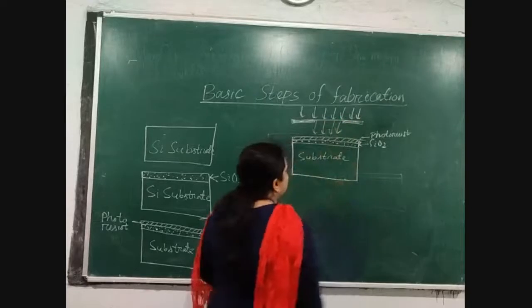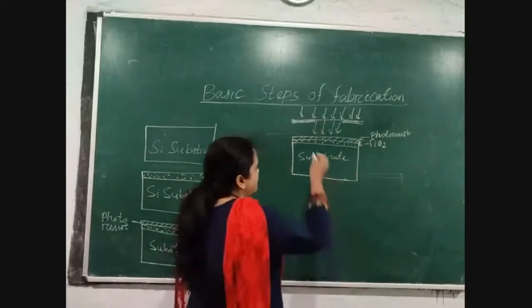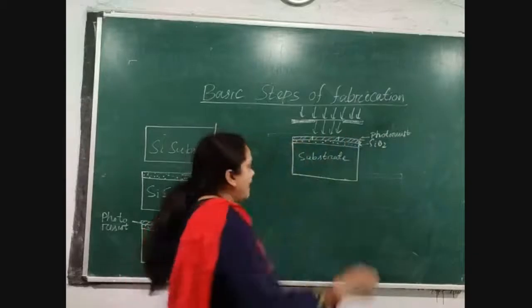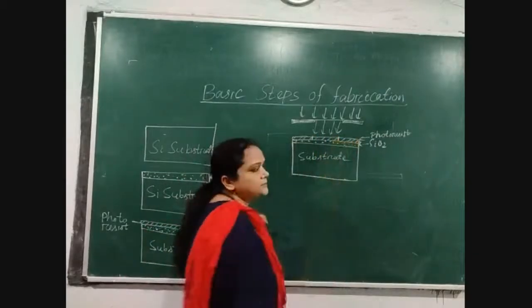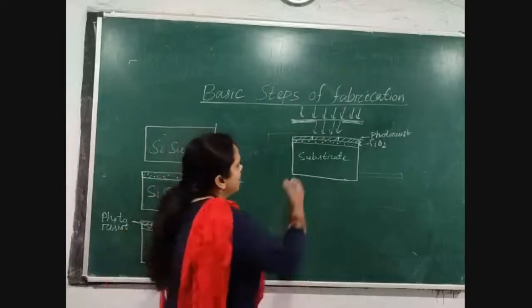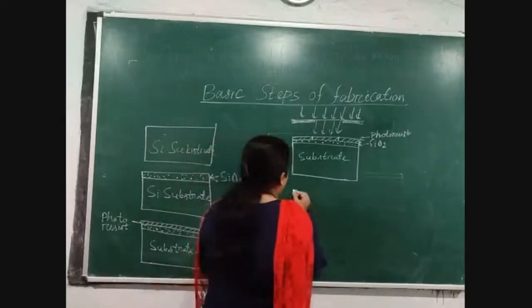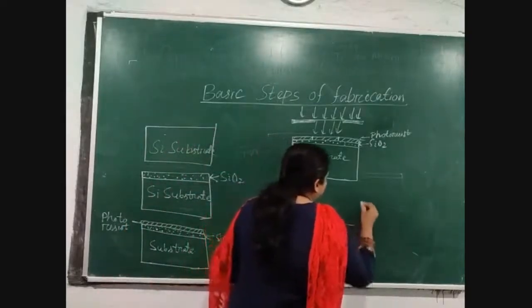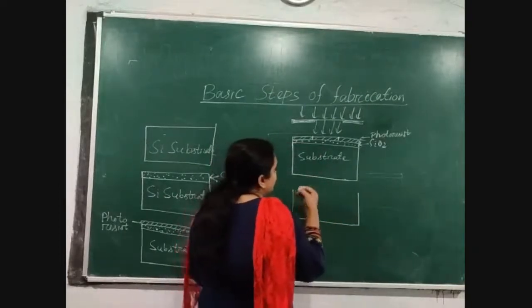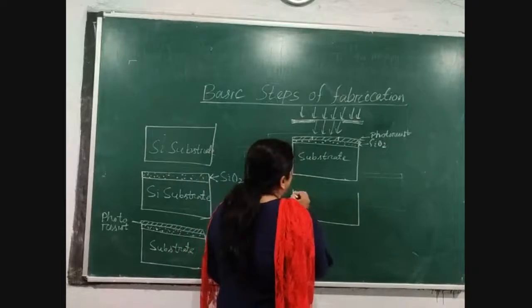So due to the application of UV rays, only this portion becomes soluble and the other portions remain in insoluble condition. So after this step, what happened? That soluble portion is removed or etched away.